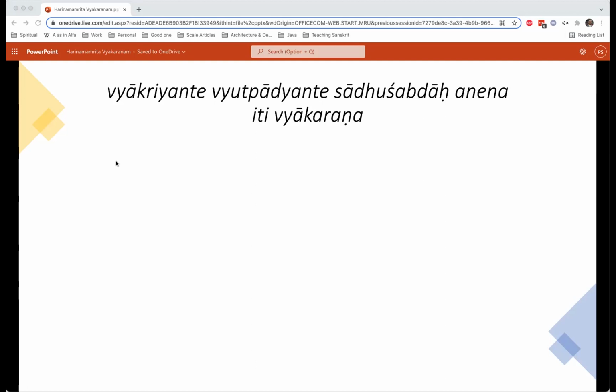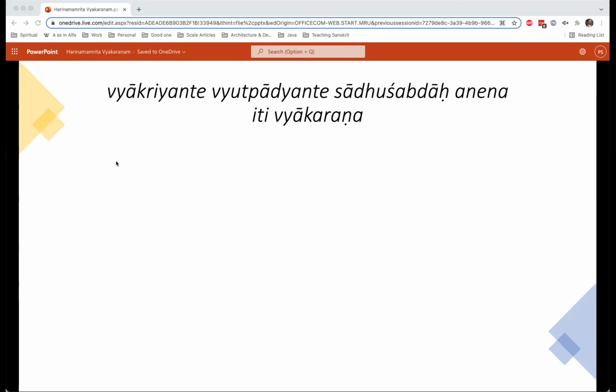Or the famous example you would have heard: Vishnaya, a person who is not very intelligent in Sanskrit grammar, says the word Vishnaya Namaha.